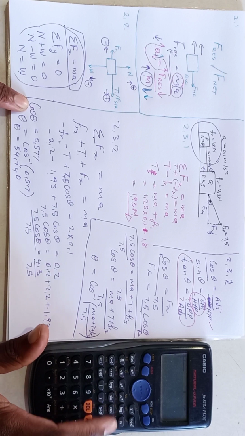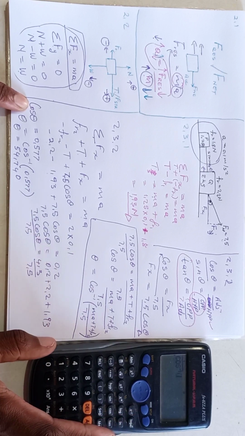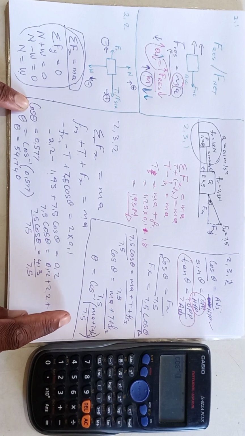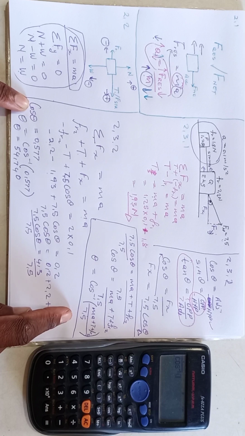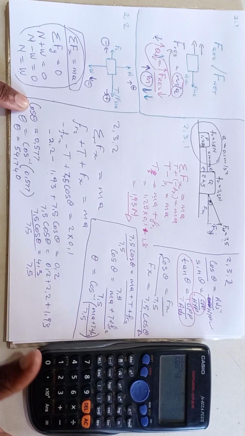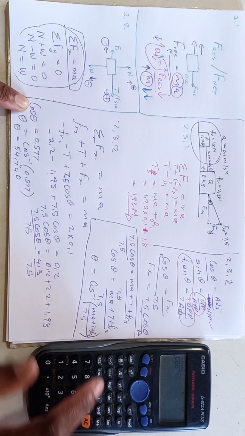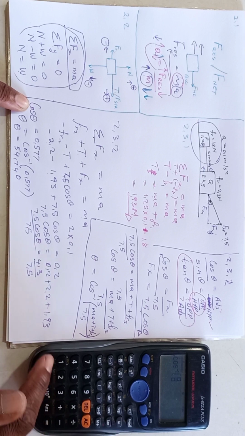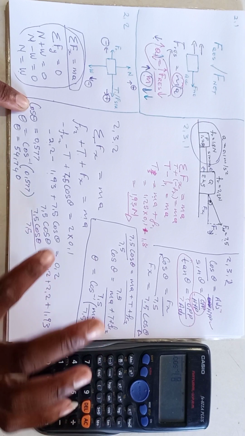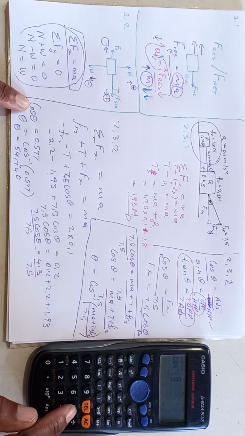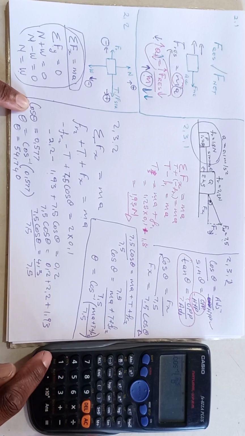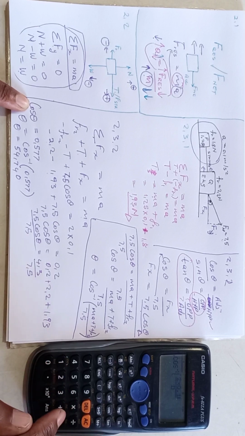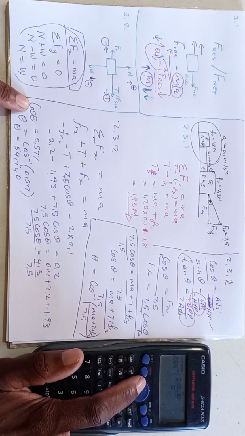They would say second function cos, and from there they would say MA, which is 2 times 0,1.